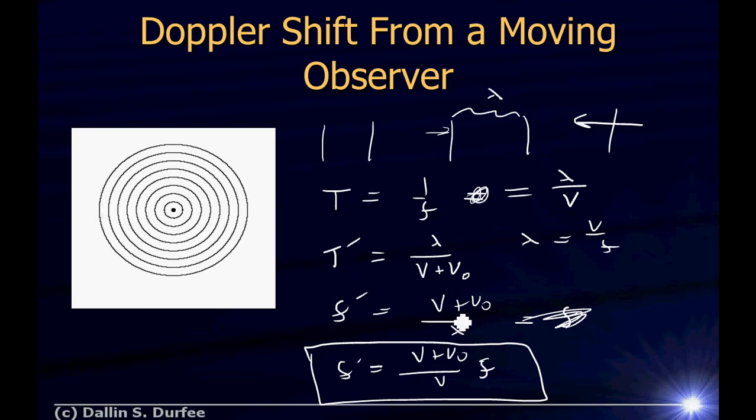Now, if we were moving in the other direction, instead of taking less time for them to pass, we would have longer time. So there's our other sign if we're moving the other direction. Now, how do we combine them together? Well, if the source was moving, we had f prime equal to f v over v minus or plus v source.